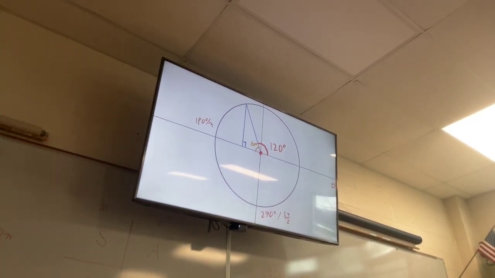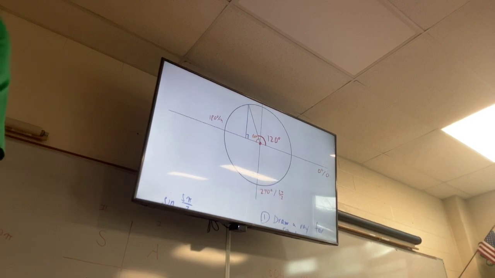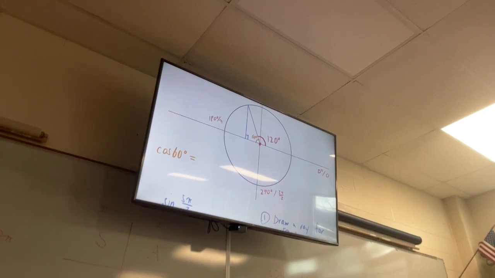Next, I look at my special right triangle. What is the cosine of 60 degrees? Cosine of 60 degrees is 1/2.